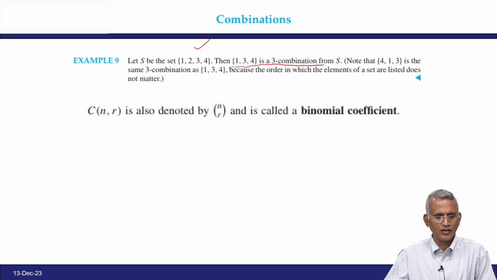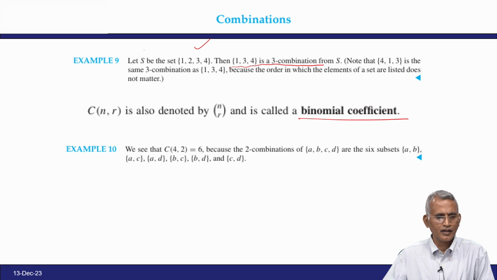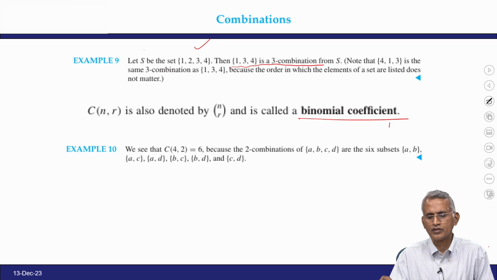Therefore, nCr is also denoted by C(n, r) and is called a binomial coefficient. Another example, we see 4C2 or C(4, 2). What is the meaning? 4C2 is 4 into 3 by 1 into 2. If you cancel it, the result is 6.